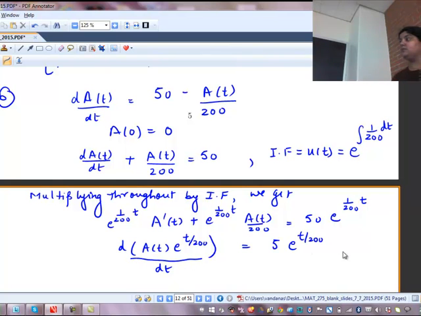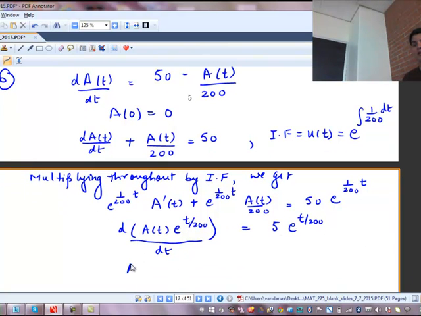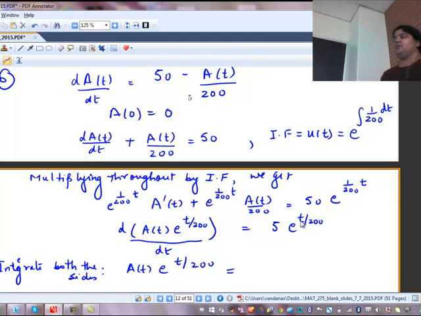Integrate both the sides. If you integrate both the sides, you will get A e to the power t over 200 is nothing but the integration of this: you get this in a denominator, but it is 1 over 200, so it will come in the numerator and make it 1000 e to the power t over 200 plus a constant of integration.